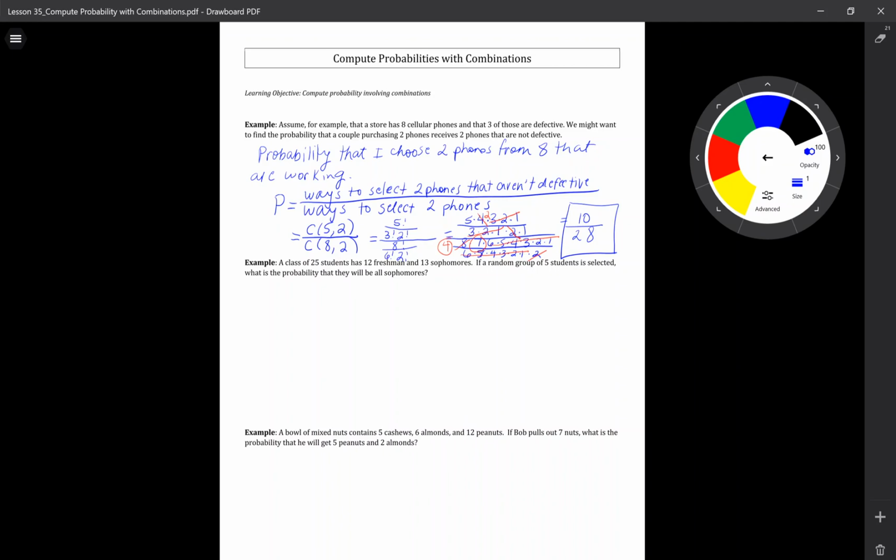Okay, well, I need to compute the total number of ways to pick 5 sophomores and divide that by the total number of ways to pick 5 people. So this will be the ways to pick 5 sophomores divided by the ways to pick 5 students.